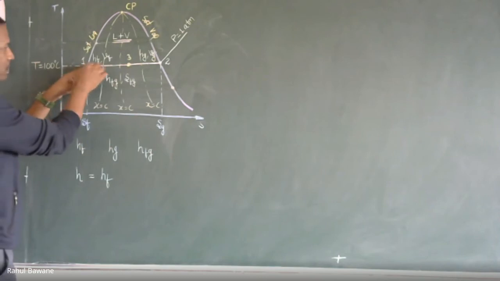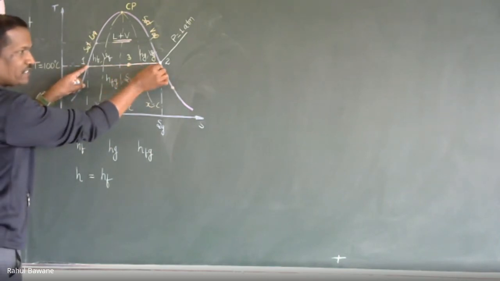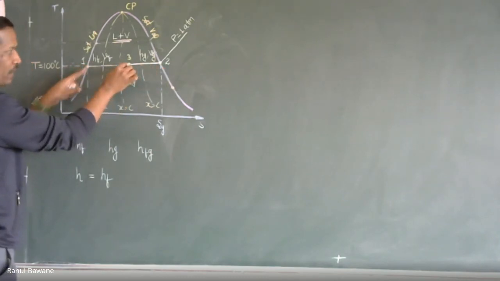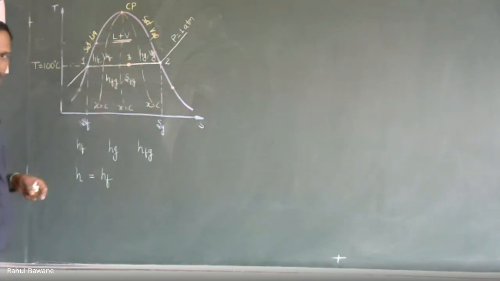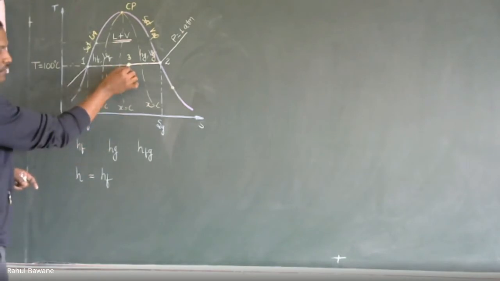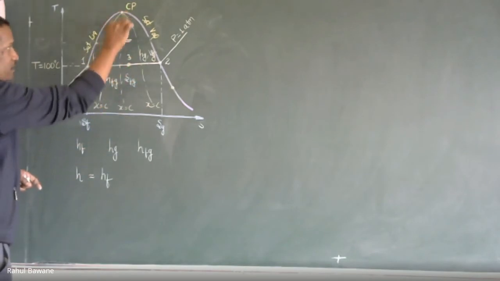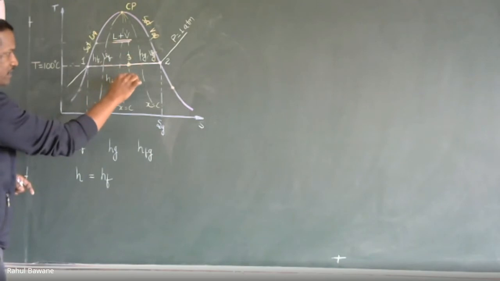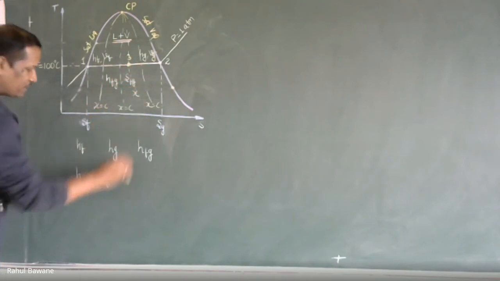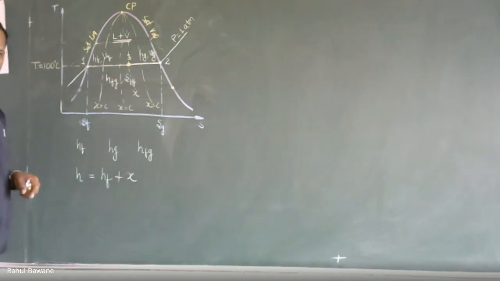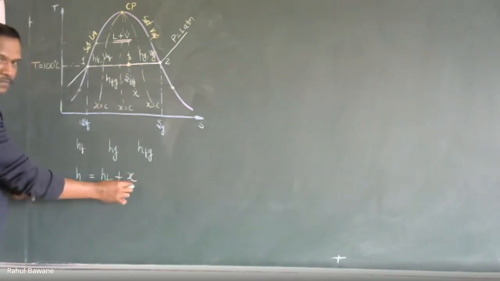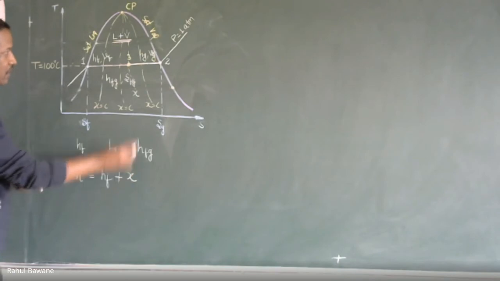After that, we are not reaching Hg, we are in between, and here there will be a certain dryness fraction. It is not completely liquid, not completely vapor. Suppose that dryness fraction is x, so it is plus x. That means this much dry steam is there.